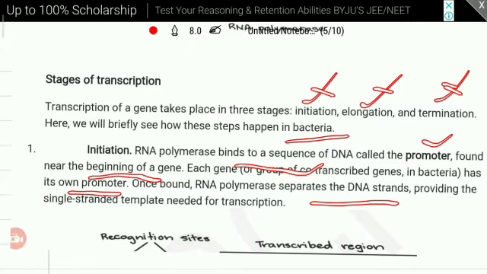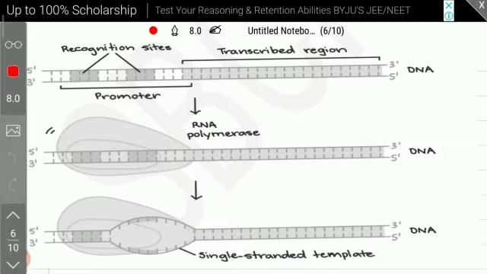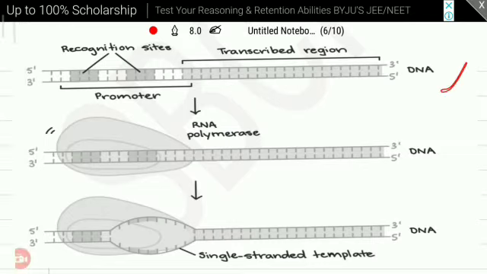We will explain that in a diagrammatic fashion. In the first, just observe the top diagram where double helical DNA is drawn. One strand runs 5' to 3', the other runs 3' to 5'. This entire region is a gene, and within the gene you can see a transcribed region.